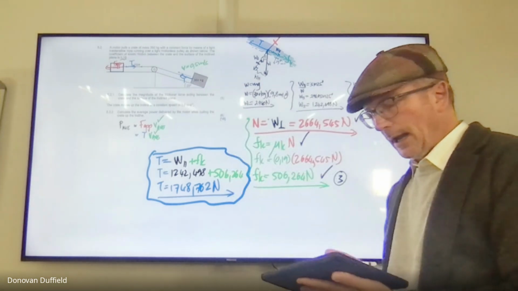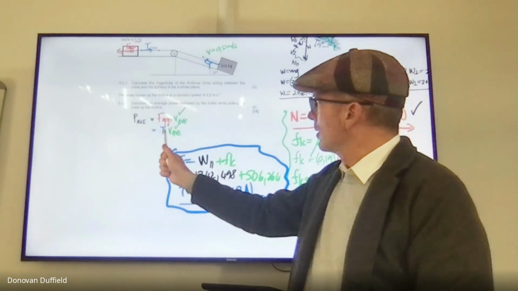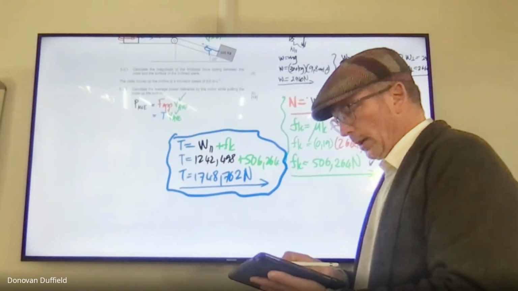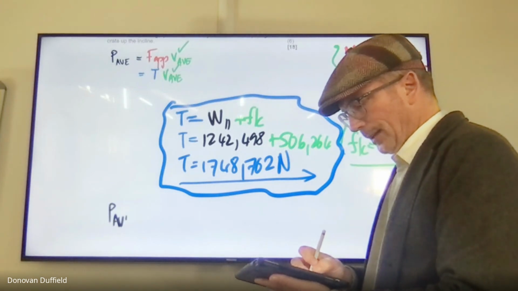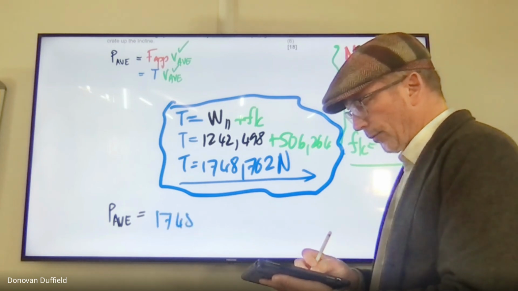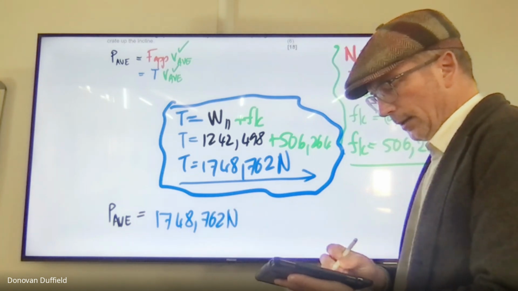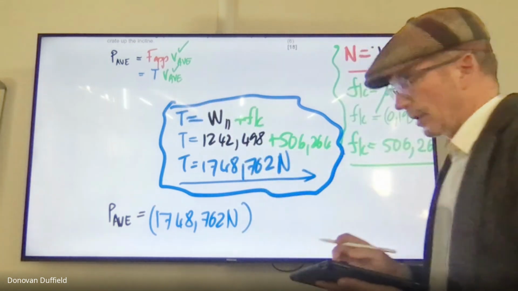Now that we have that, we can substitute this into there. So P average is going to be the tension force, 1,748,762 newtons, multiplied by the average velocity.